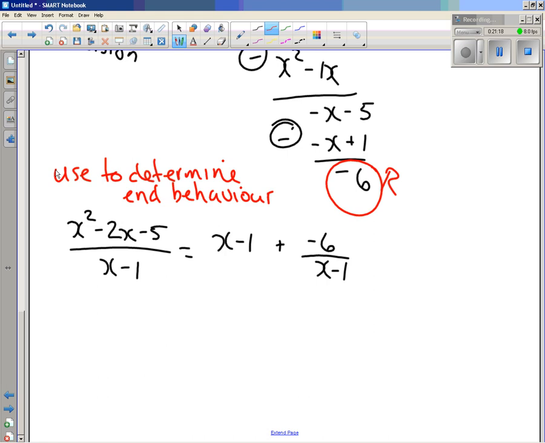So how we use that is we say, all right, we take this division statement, and let's see what happens when x approaches infinity, when x gets really, really big. Well, what's going to happen in that division statement is that this last term starts being worth less and less. It starts going away. It starts approaching 0. And all we're going to be left with is this part. This is going to be the equation that represents our slant asymptote.